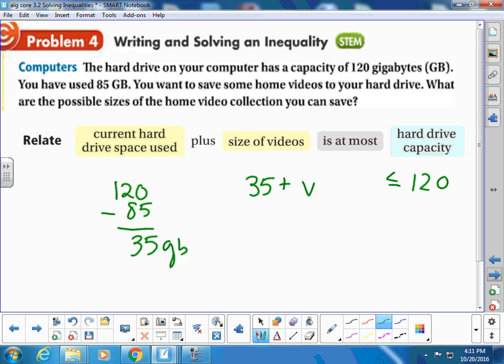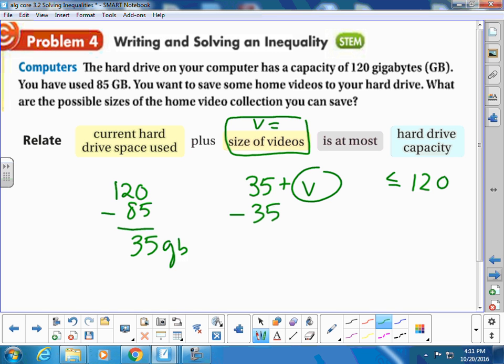So here is our inequality, 35, which was the gigabytes that we had remaining, plus the size of the video, as I'm just letting v equal the size of the videos, has to be less than or equal to 120. So again, to solve, we're going to leave v where it is, going to subtract 35. Sorry, current hard drive space used.